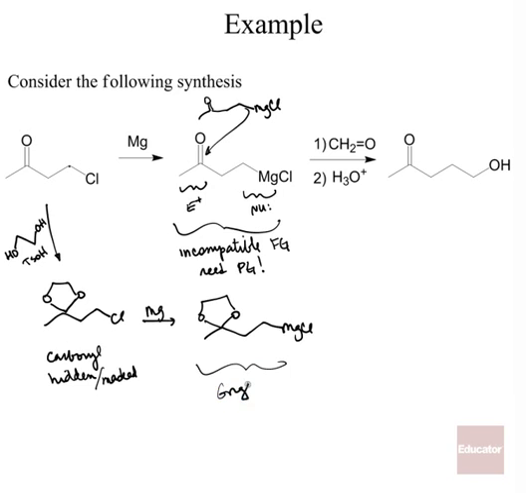This Grignard is okay. It's possible to make this Grignard. These are now compatible. The Grignard would have no reaction with the acetal. So I hid my carbonyl. Now I can make the Grignard. I can use the Grignard. So I can add in my formaldehyde and my workup and do my Grignard reaction.